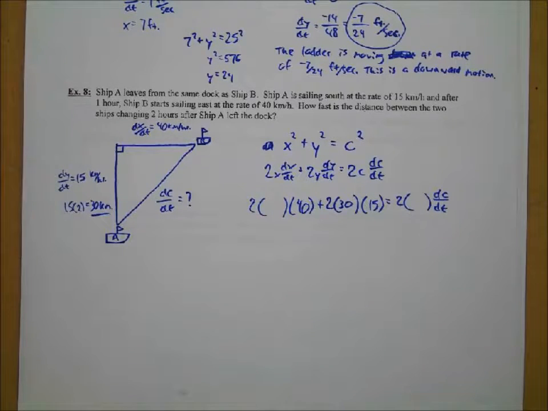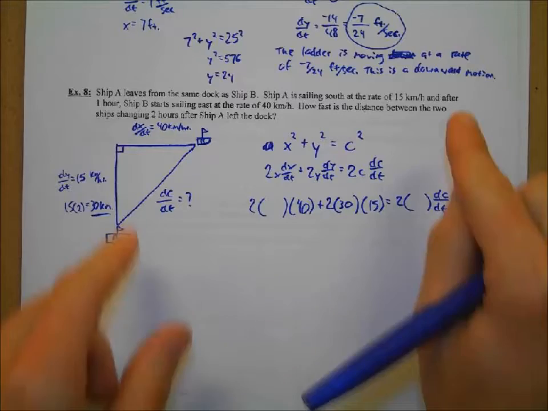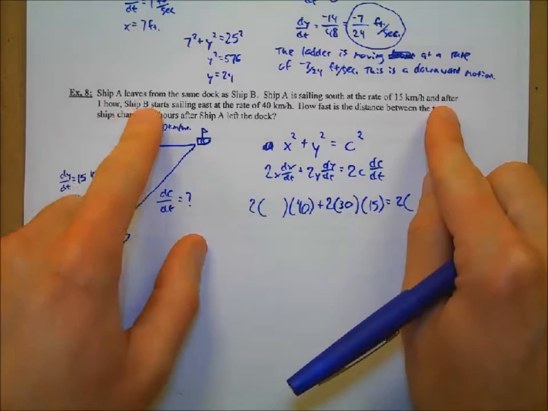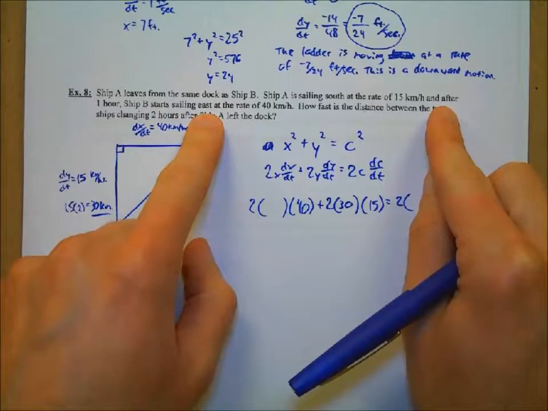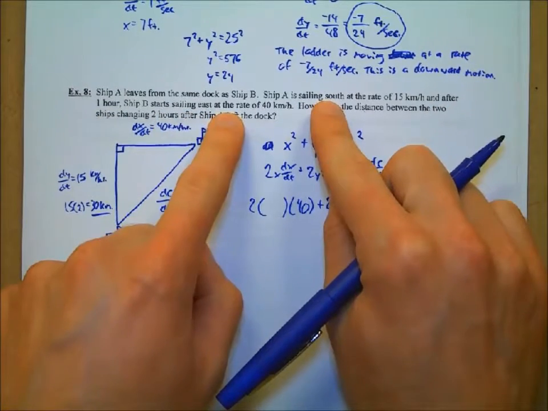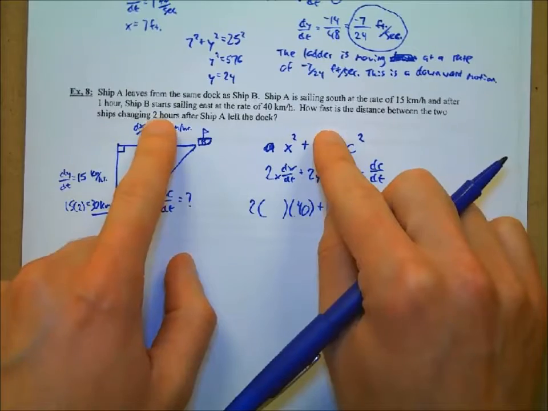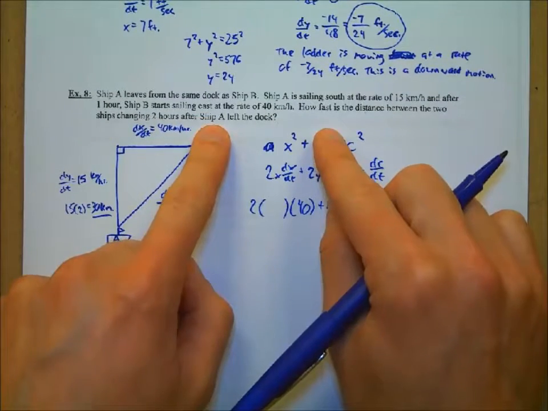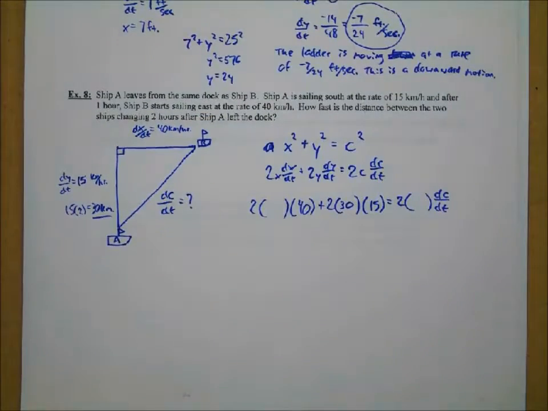Okay, what about our x? How far away is ship B? 40, right? After 1 hour, ship B starts sailing east. So ship A has sailed for an hour, and then ship B starts sailing east. If ship A has been traveling for 2 hours, how long has ship B been traveling?